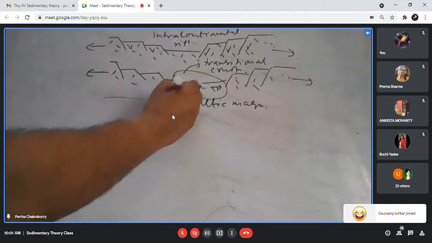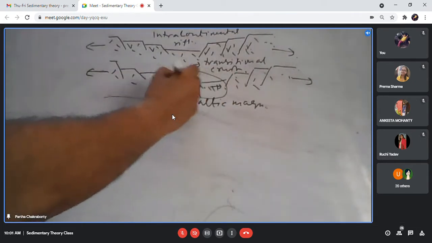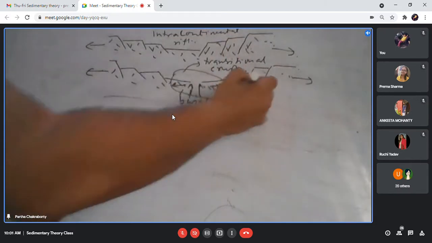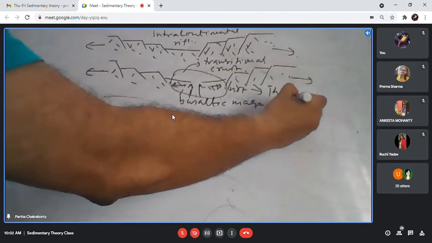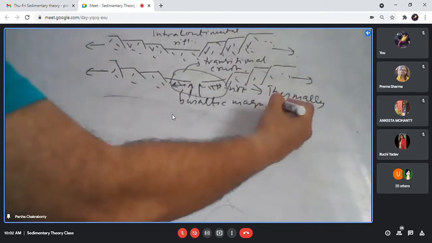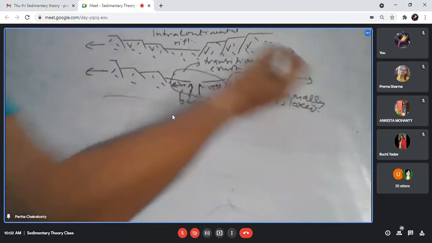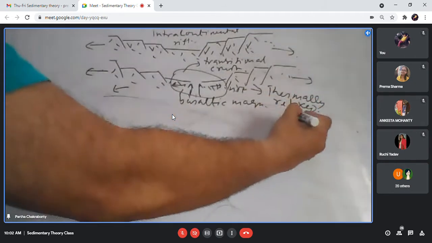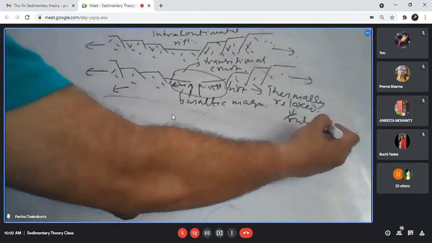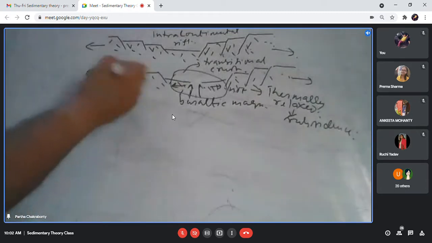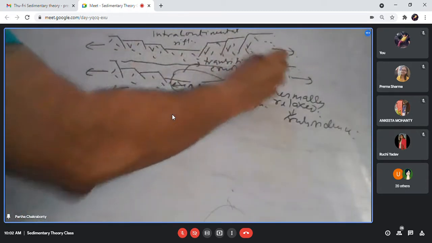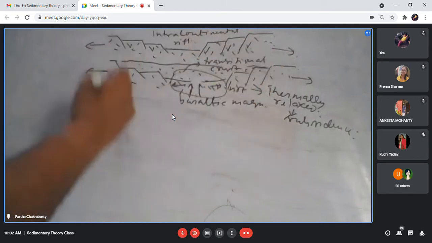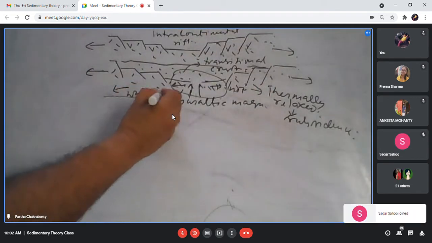First it will make a transitional crust, and then it will become hot. With time it is thermally relaxed, and that will cause a subsidence, and there will be filling of water and sediment.